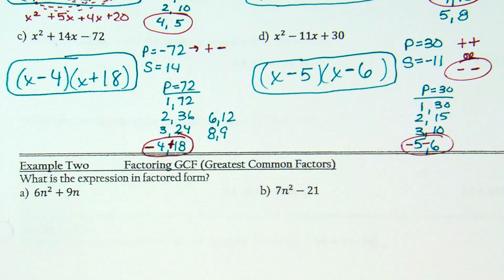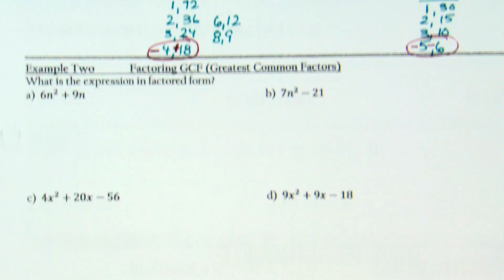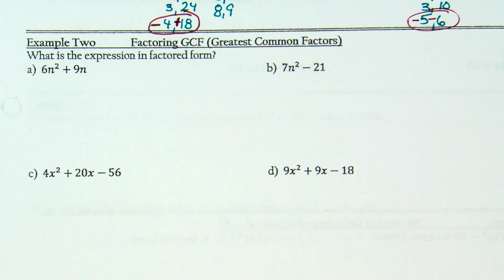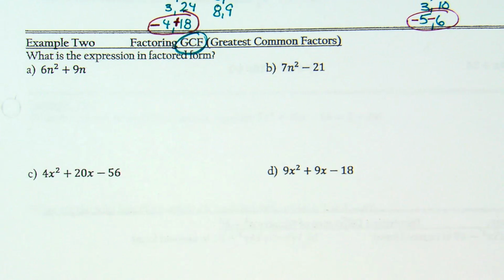Okay, moving along then. Next section we are talking about factoring out GCFs, greatest common factors. Sound a little familiar? Anyone remember what a GCF is? Greatest common factor, but more details than that?